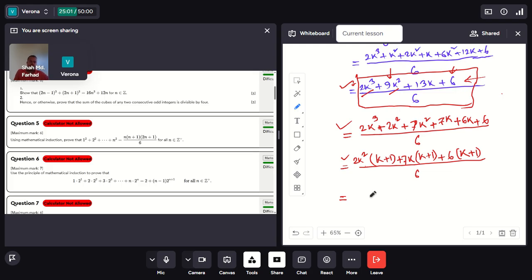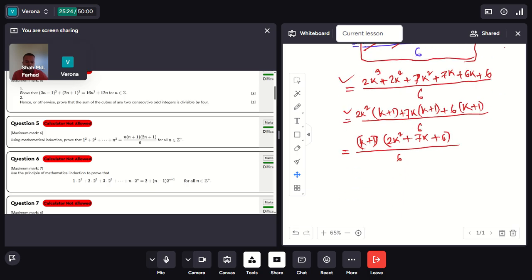Okay. Now we can take common here k plus 1. So we are getting k plus 1, then we have just 2k square, then plus 7k, and then plus 6, over 6.